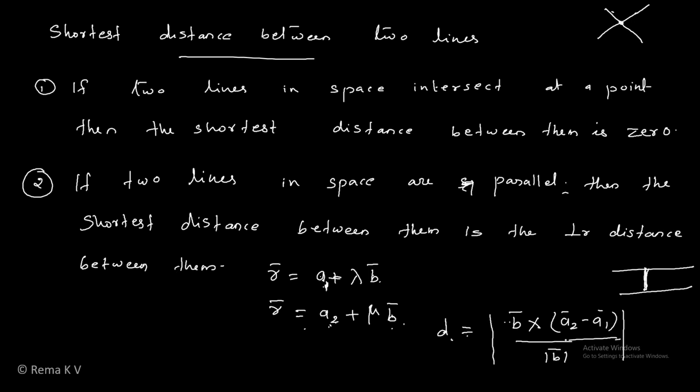We are considering the cross product here, then divided by its modulus of this common vector b. Okay, now let us consider an example for this.